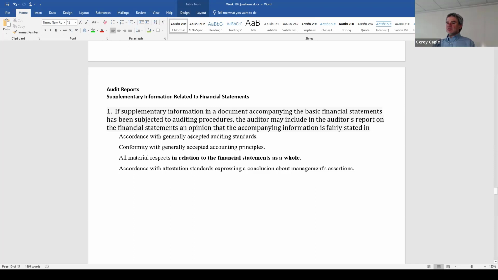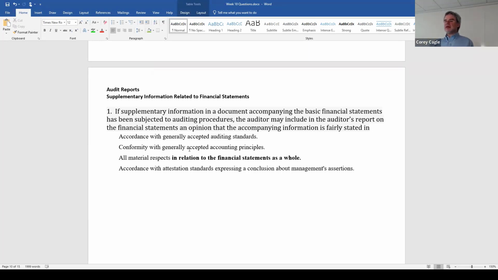It would be not in accordance with GAS, you know, financial statements are never fairly stated in accordance with GAS. That's auditing stuff. And we're not going to say it's fairly stated in conformity with GAAP, because these are just supplemental schedules. We're not really looking for saying these are GAAP.